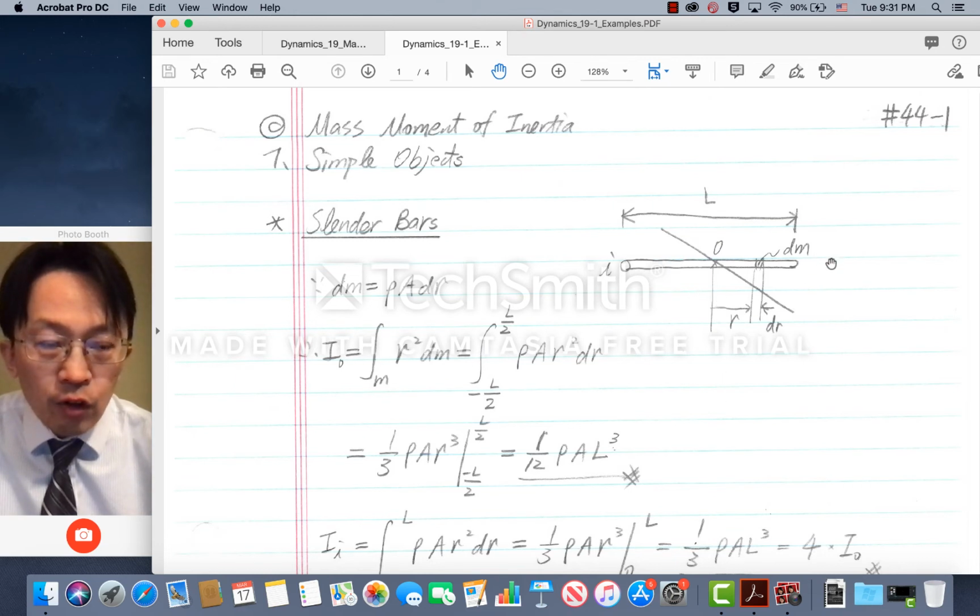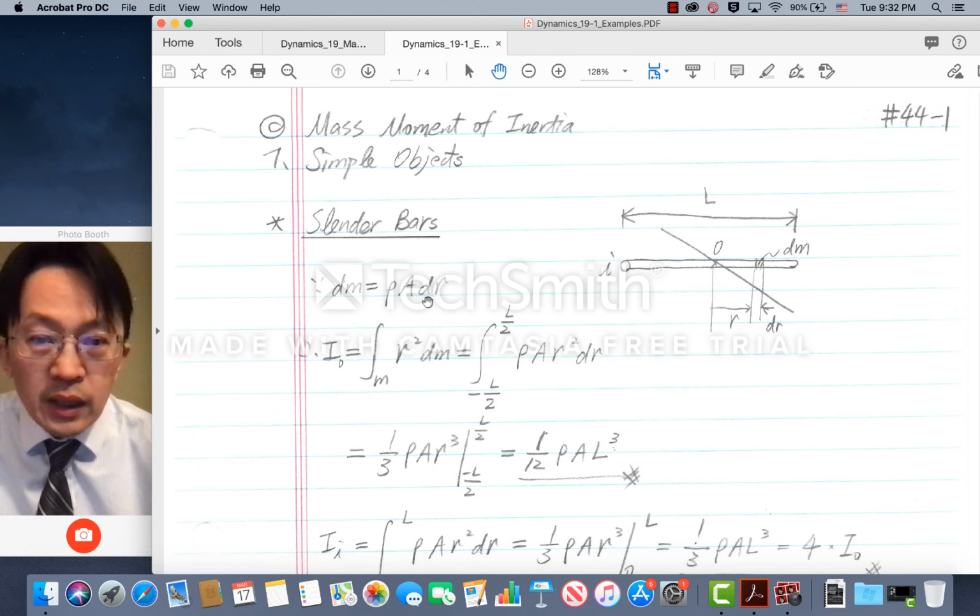In this case, the unit mass is denoted by dm, and this dm can be written as the product of mass density times the cross-sectional area times the thickness, and the thickness is denoted by dr. Therefore, density times area times thickness gives density times the volume, where A times dr is the unit volume dV. Because mass equals density times volume, dm equals rho times A times dr.